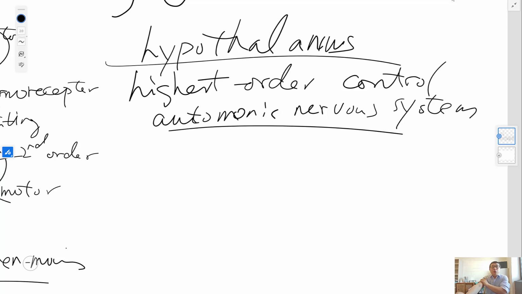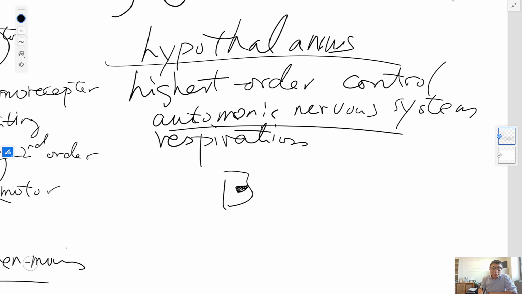In some cases, there's two-level controlling. For example, respiration is controlled by a respiration control center in the medulla. However, the hypothalamus also, here in the center, this respiratory center is receiving two orders.